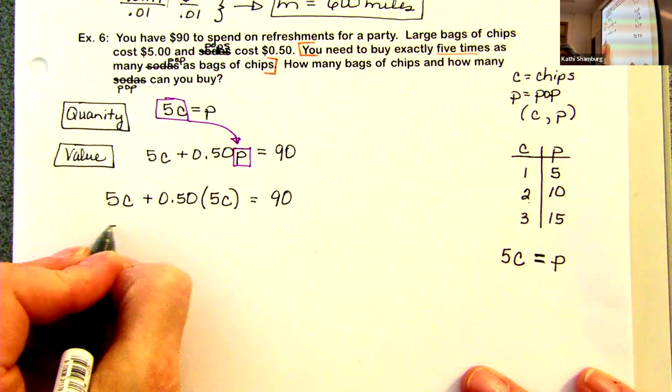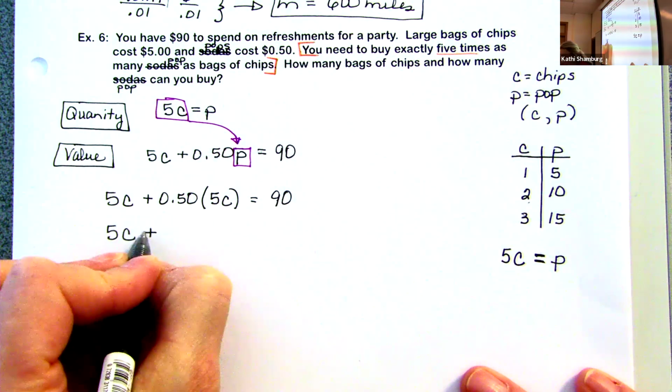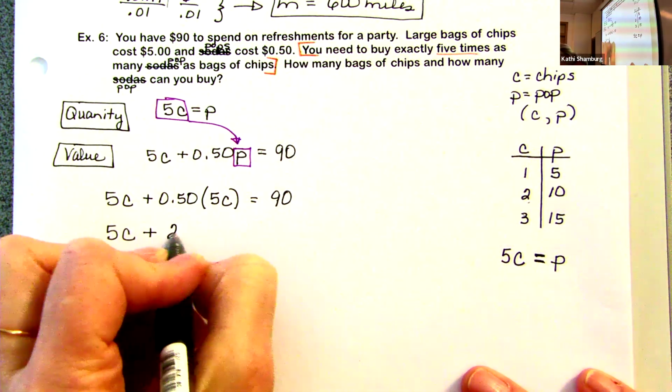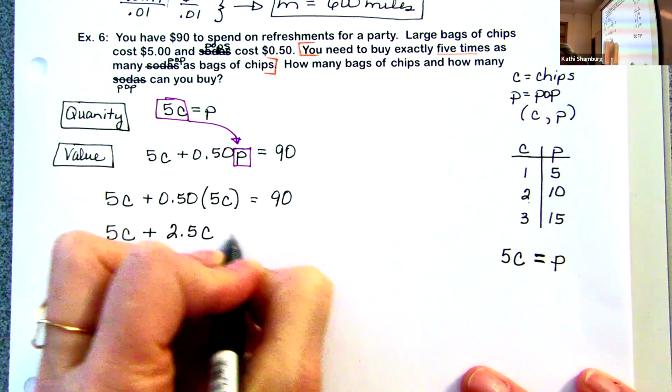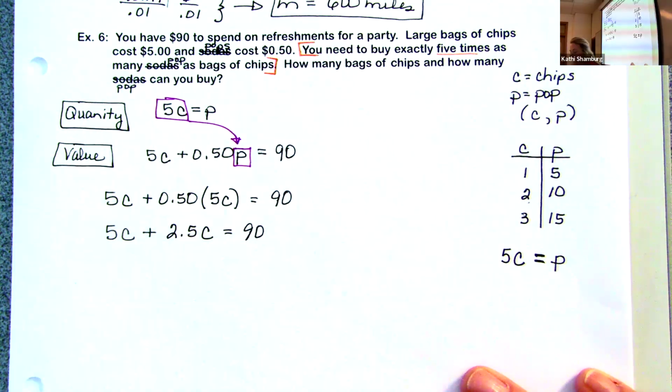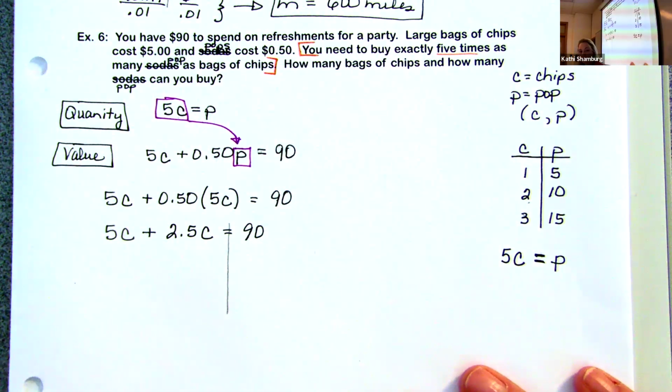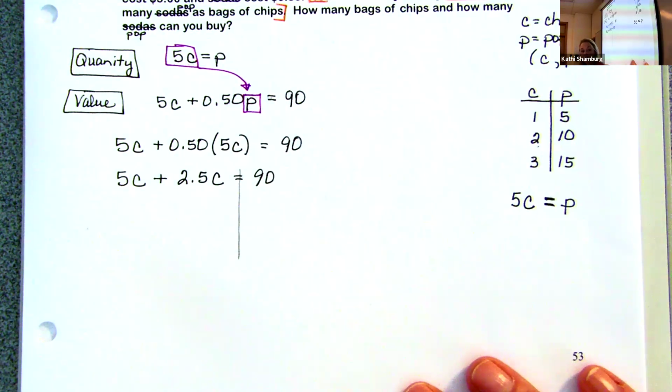All right, so we have 5C plus, is that 250 or 2.5? Which would be $2.50. Okay, all right. Now we're going to solve for C. Do I move anything?